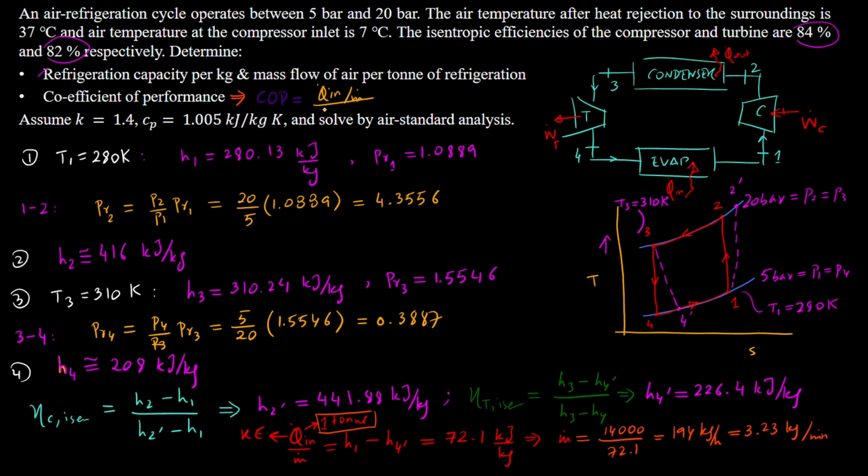Work done across the cycle is, hang on, I'm running out of space here, work done across the compressor minus work done across the turbine. And we can just substitute the enthalpies here, because Q dot N by M dot is H1 minus H4 dash.